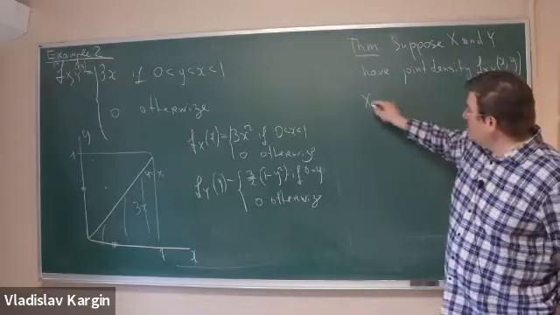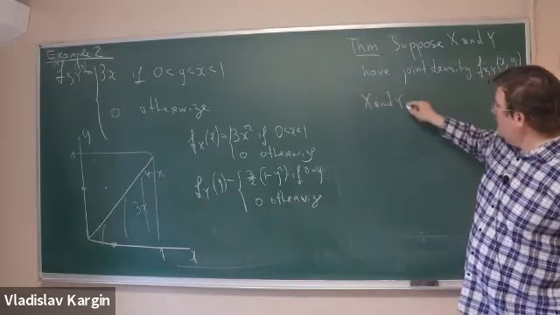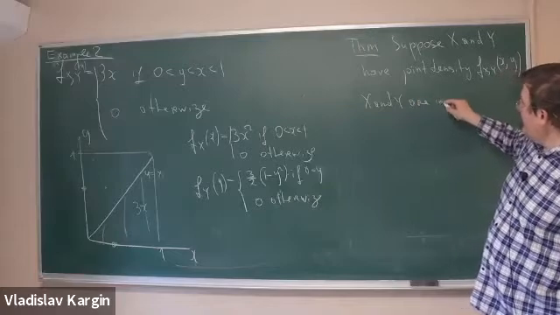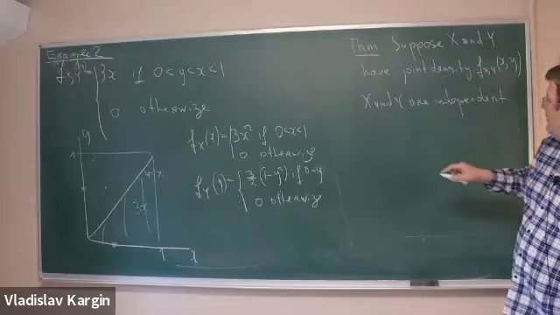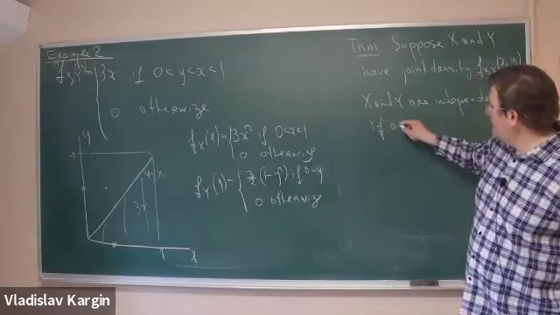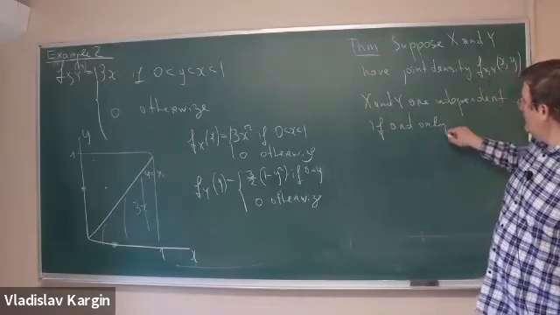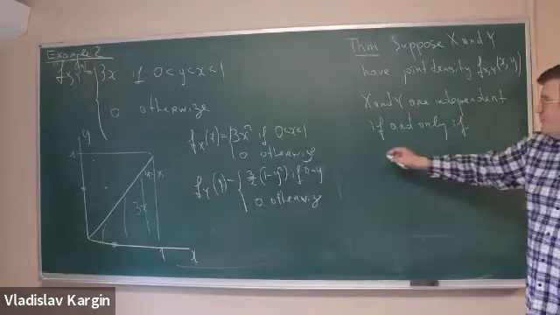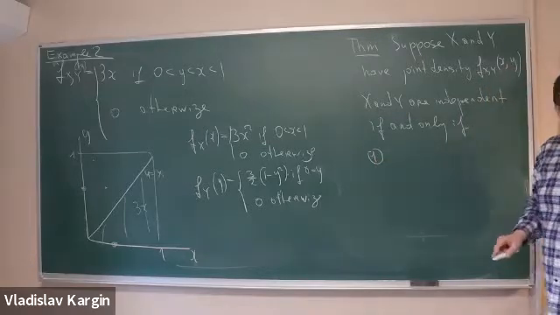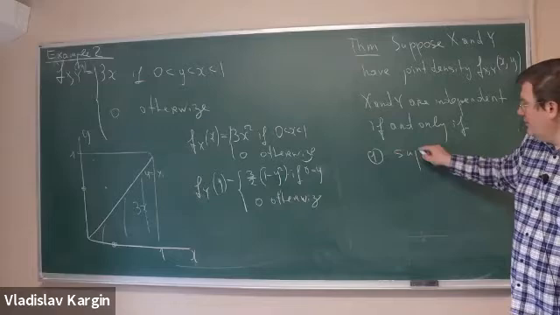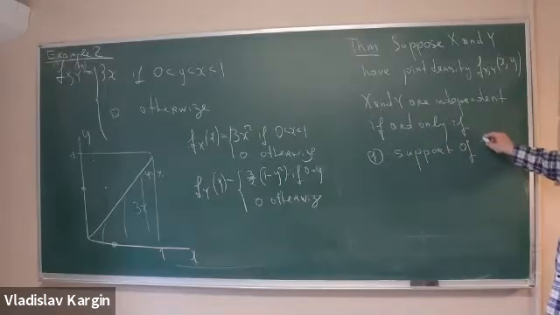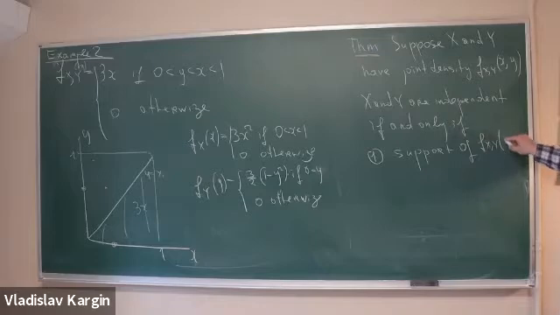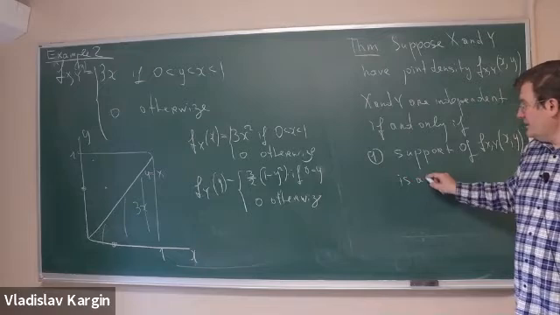Then x and y are independent if and only if two things are true. First, the support of f x y of x y, the support of the joint density, is a rectangle.